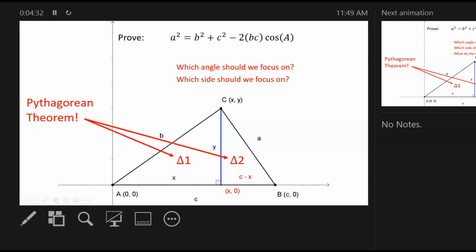Now it's Pythagorean Theorem time. So use the Pythagorean Theorem on each of the two triangles. Go. You do this.